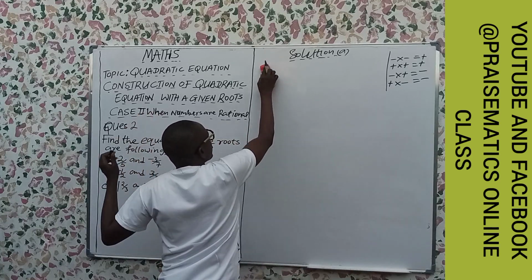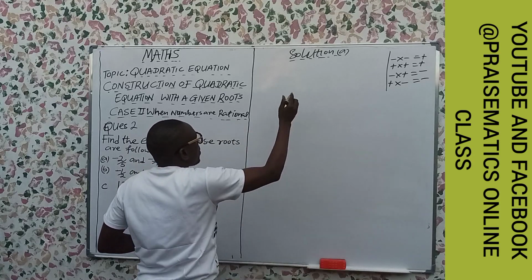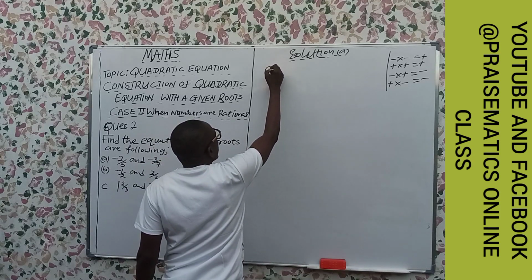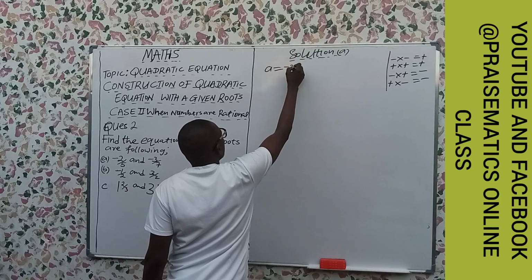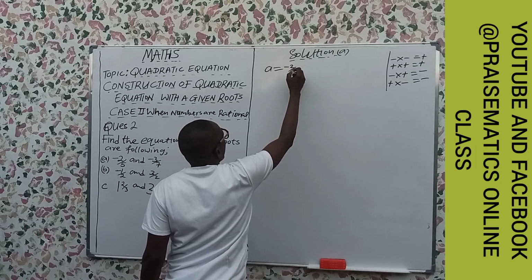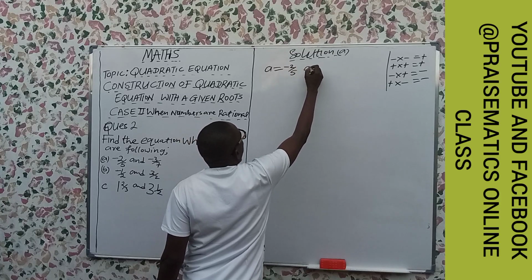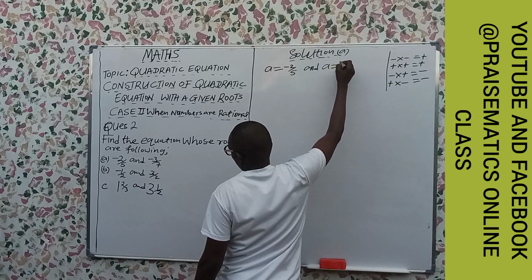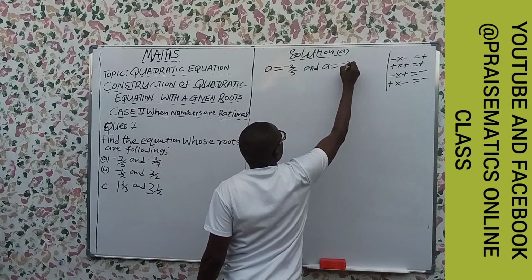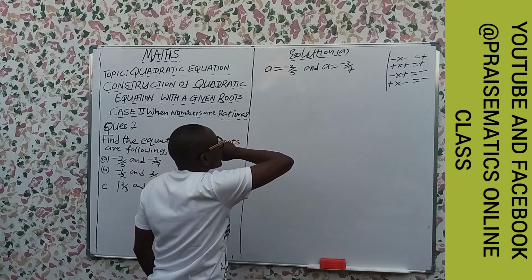In my previous class, I used x, but it's not compulsory to use the same alphabet. A equals minus 2 over 5, and the same A equals minus 3 over 7.